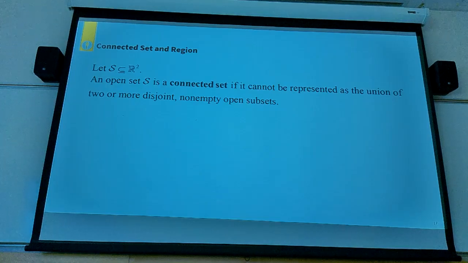Generally speaking, that means that your set is not overlapping. And we call the set a region if it is open, connected, and non-empty.